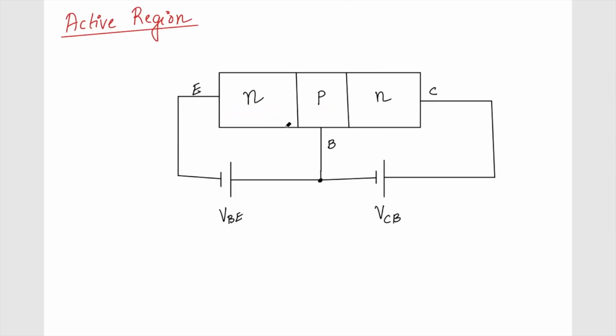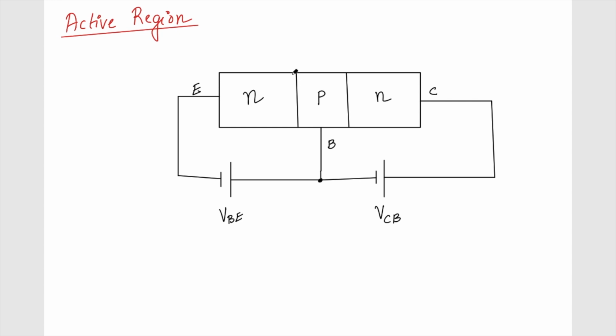Now, as we know, if there are two PN junctions, there will be depletion layers, and especially in the forward bias region, when a forward bias voltage is applied, there will be a reduction in the depletion layers, and there will be flow of current. But note that the doping concentration of the emitter is much, much higher than the doping concentration of the base.